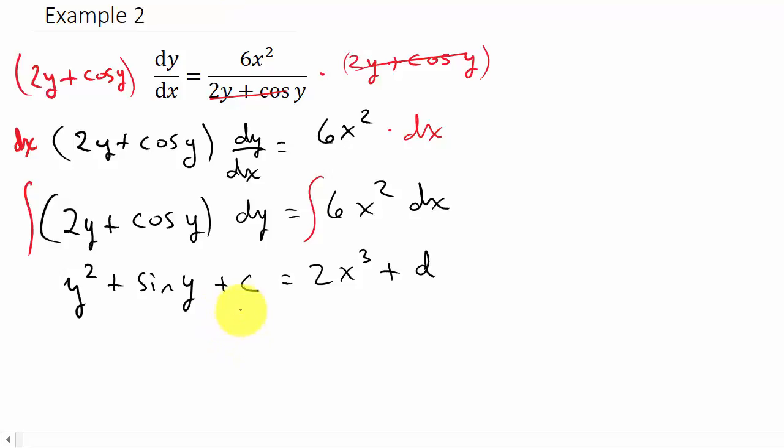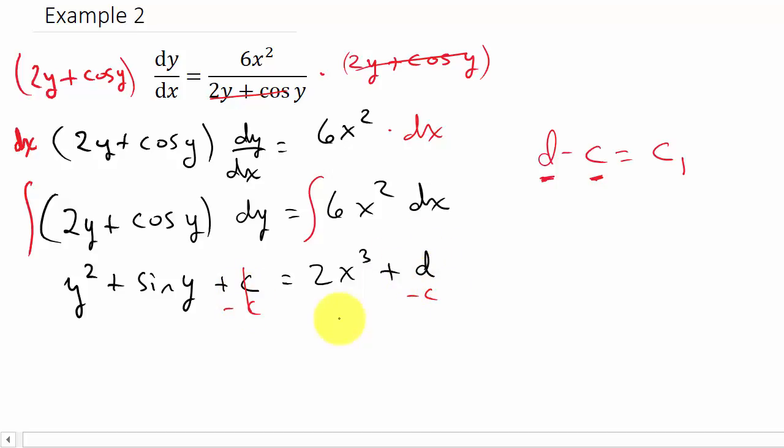Remember, if we subtract c from both sides, the c's go out, and that gives me d minus c. I have an arbitrary constant minus another arbitrary constant, and that's just going to give me another arbitrary constant. So I don't need to add the constant term over here and over here.